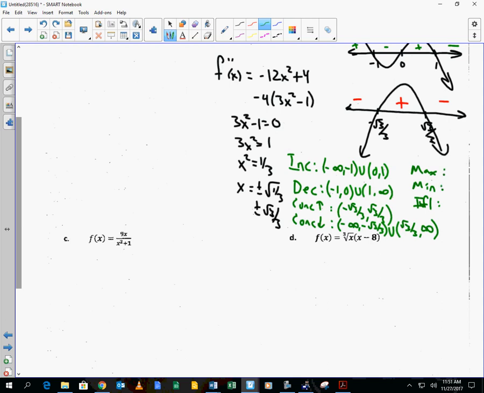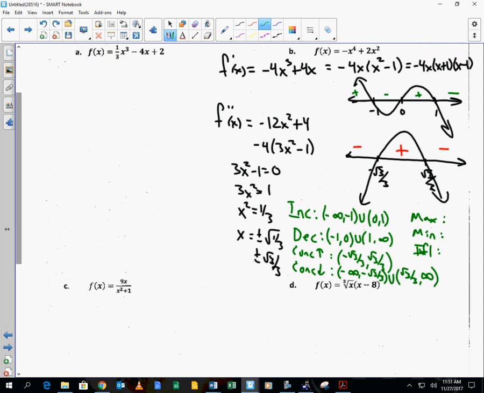So, how do I determine when I have a local max? Do I look at the first derivative test or the second derivative test? First derivative test. Local max happens when the first derivative changes from positive to a negative. When does that happen?